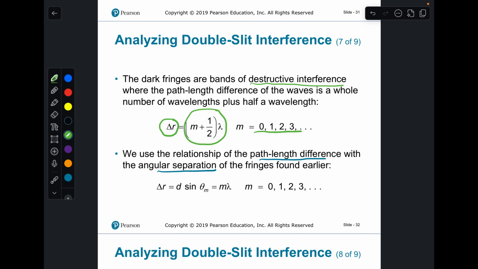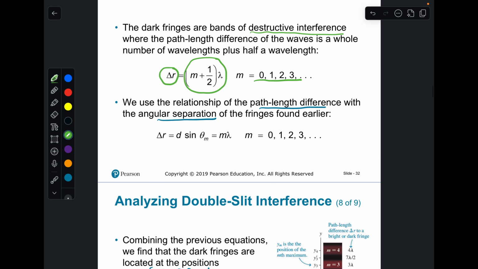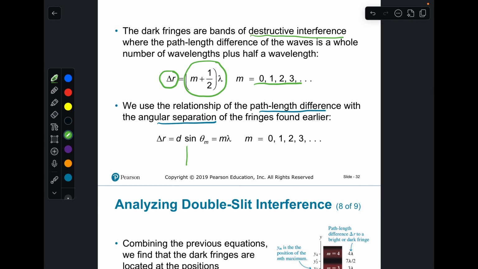We can use this relationship to determine the path length difference, where we made that small triangle, where this is d and delta R. That relationship holds regardless if we're looking at a dark fringe or a bright fringe. And so doing so, we can see that the path length difference equals d sine theta.